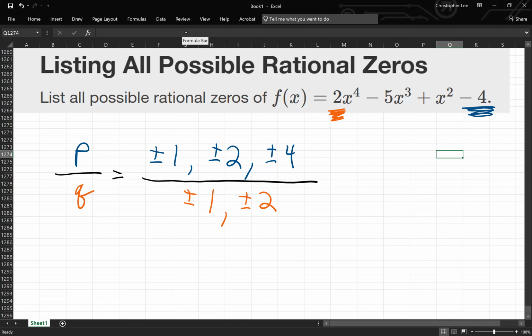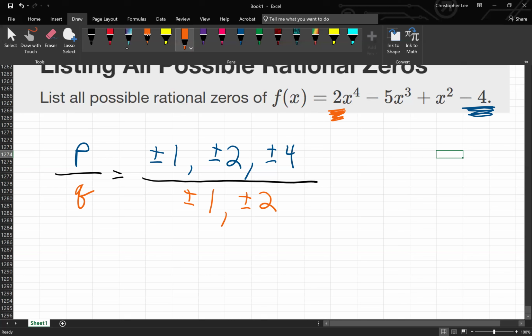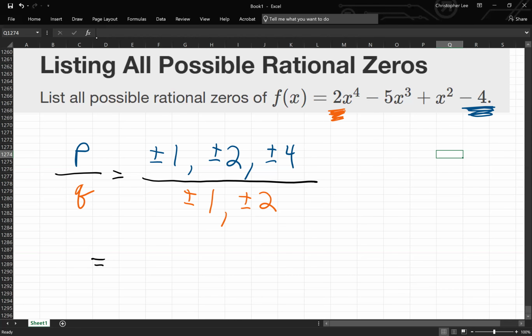Now I'm going to list out all of the factors. Let me do it in black. First off, let's start with the negatives. I'm going to do the first term in the denominator, 1. So I have -1, -2, and -4. What else do I have?